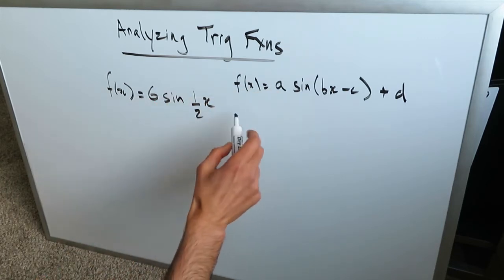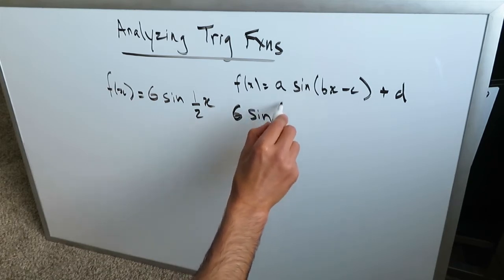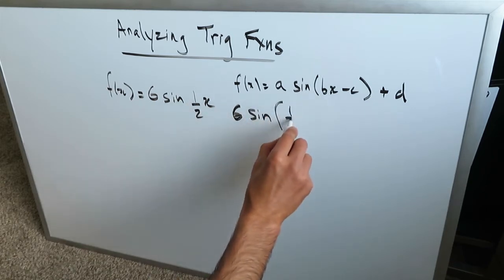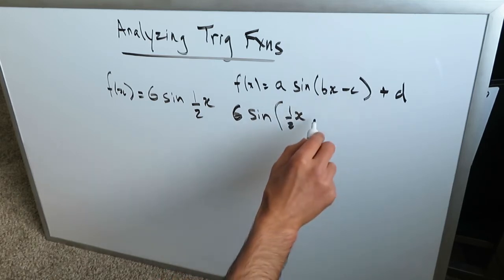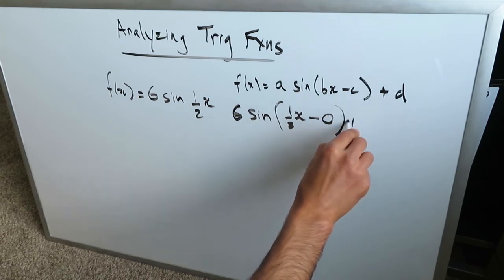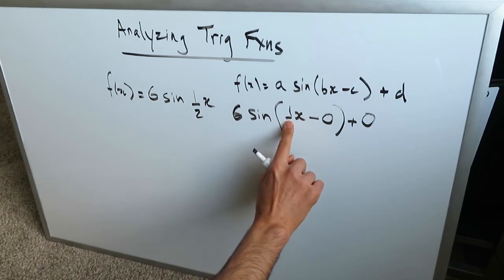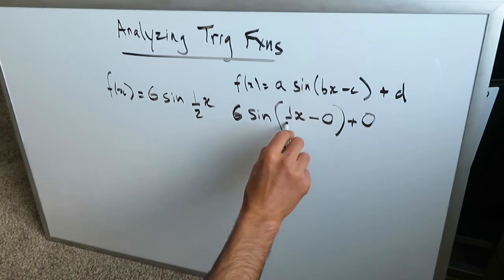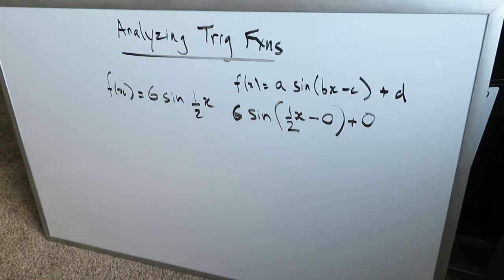And let's do that. We have 6, then we have a sine. Let's create a parentheses. We have a 1 over 2 x, which looks very awfully close to bx. A minus c, there is no minus c, so let's put a 0. Plus d, there is no d, so let's put a 0. Now we can see we have a trigonometric function converted into a standard form with the items laid out.